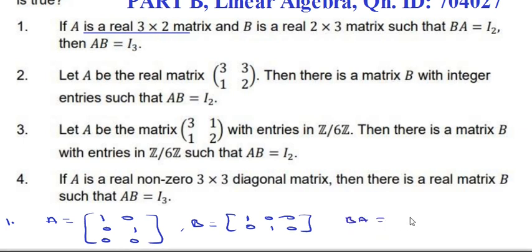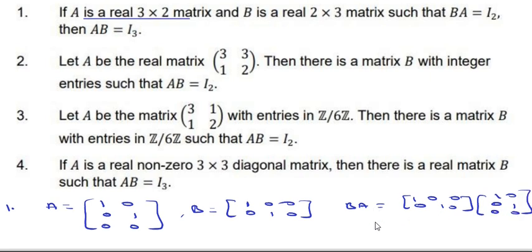BA is [1 0 0; 0 1 0] times the matrix A. When we multiply these two, we get [1 0; 0 1], which is equal to I2. So the given condition is satisfied.